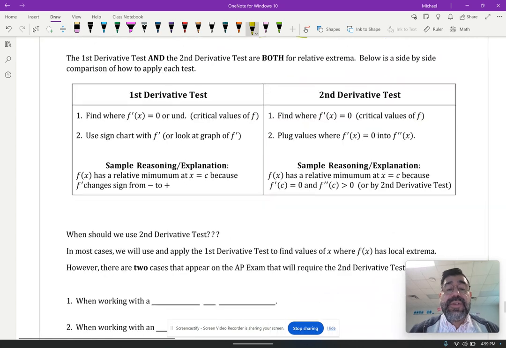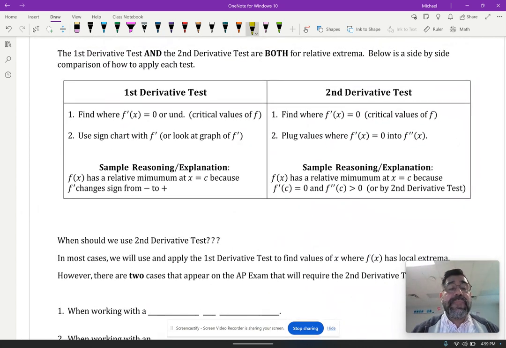So just to make sure we understand, side by side here, both the first and the second derivative test find relative extrema, relative minimums and relative maximums, local minimums and local maximums. That's what they do. And as a matter of fact, the first step on both is to find where the first derivative is equal to 0 or undefined. Finding the critical values is the first step in both tests.